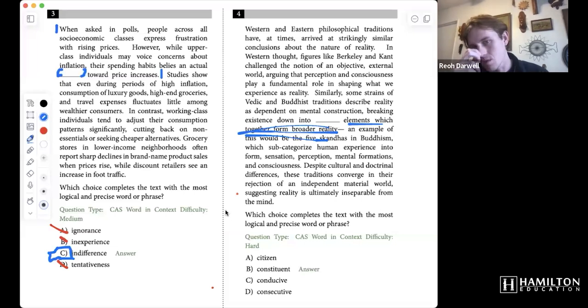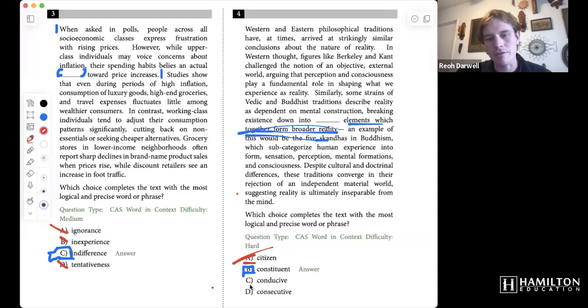So if you saw citizen and constituent and thought those two things are the same, that a constituent is a citizen who votes for the person, no. A citizen is just someone who's literally a citizen, like makes up a political body. But a constituent can make up anything. People can be constituents of a voting place, or you can be constituent elements of a high school.